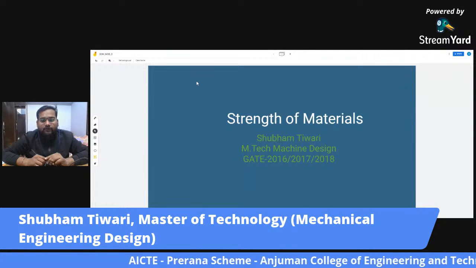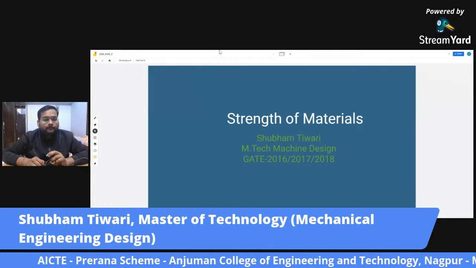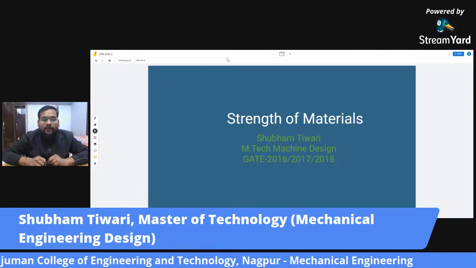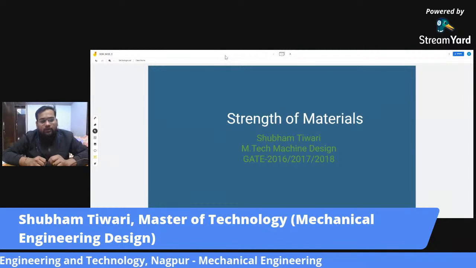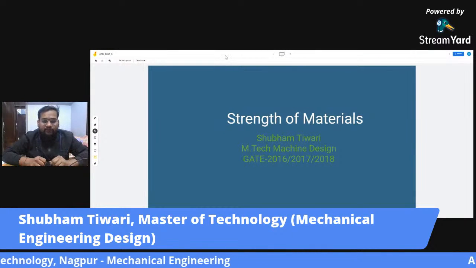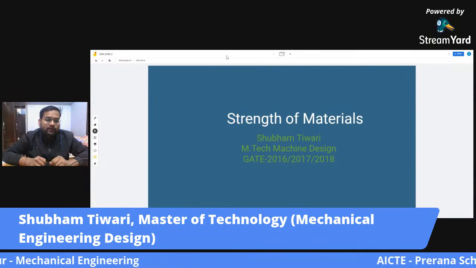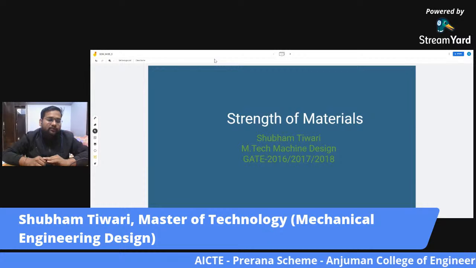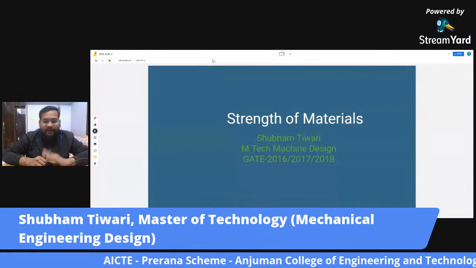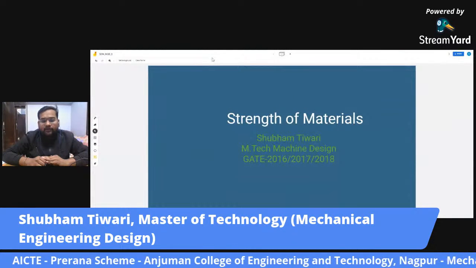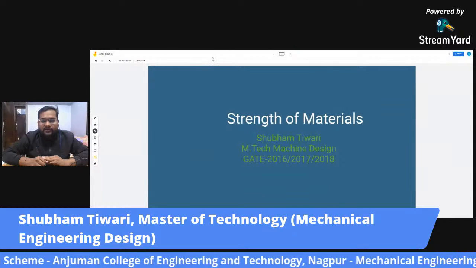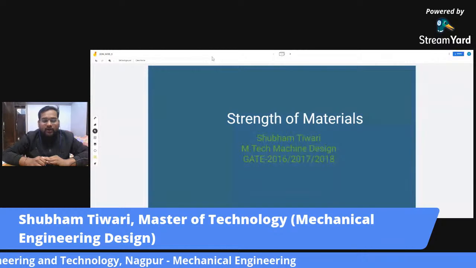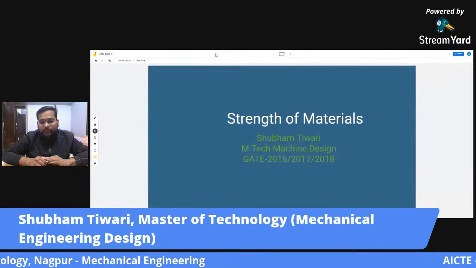After that, we saw complex stresses, a situation in which a machine element or a structural component is subjected to stresses in more than one direction. In it, we saw principal planes, principal stresses, Mohr's circle, stress transformation, etc. And the same applies for strain as well.